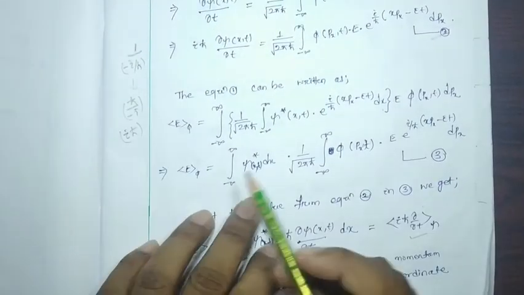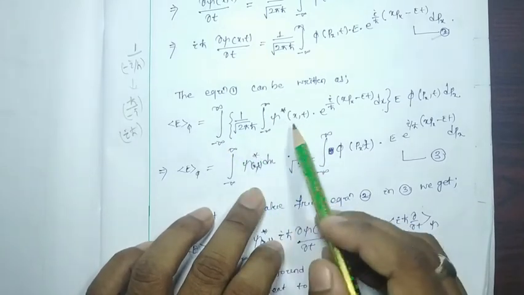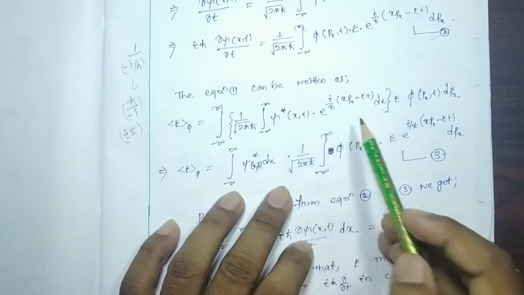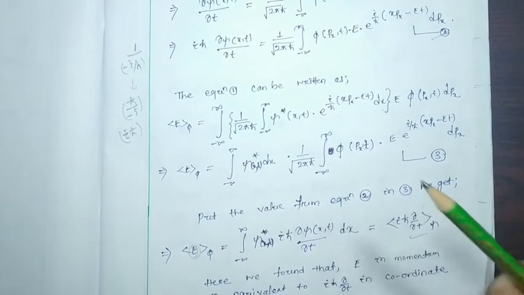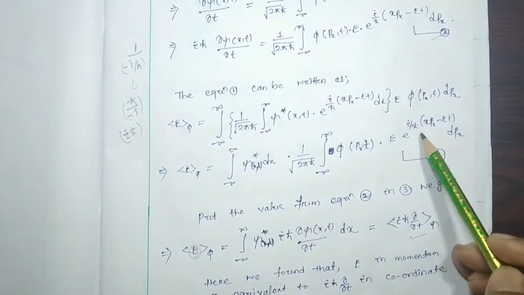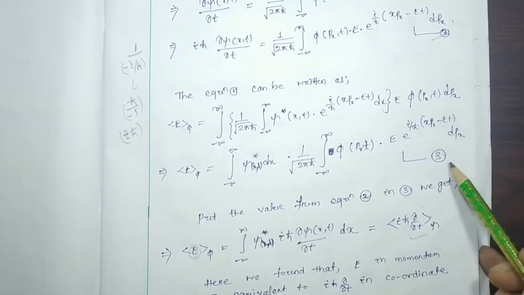So here I have taken out psi of x,t and dx, and the rest of the terms are 1 by root 2 pi h cross, integral from minus infinity to infinity, phi of px,t e to the power i by h cross x px minus Et into dpx. Let this be equation number 3.